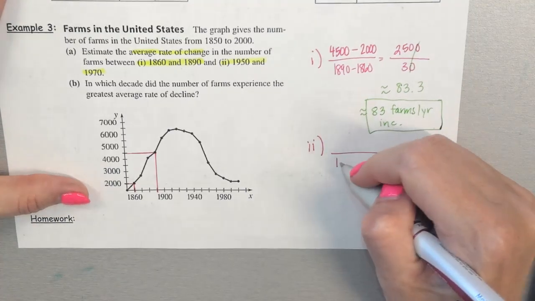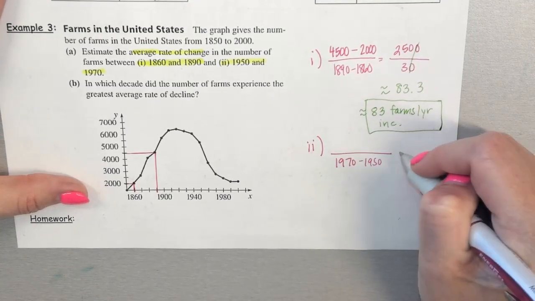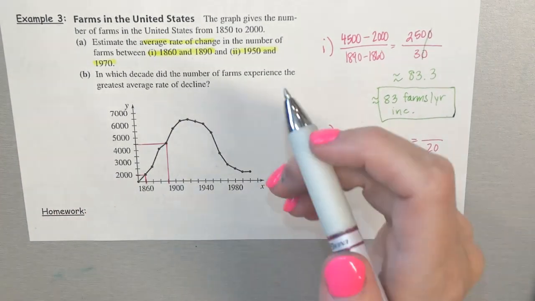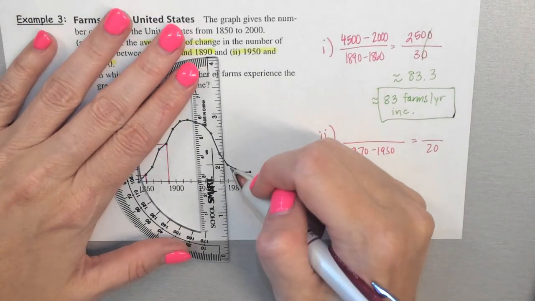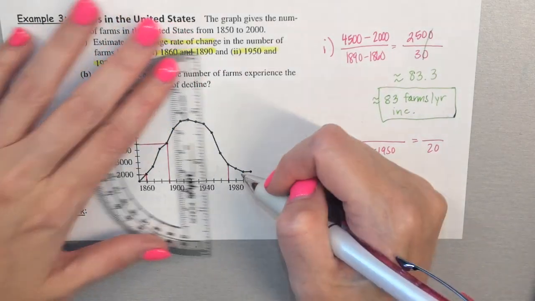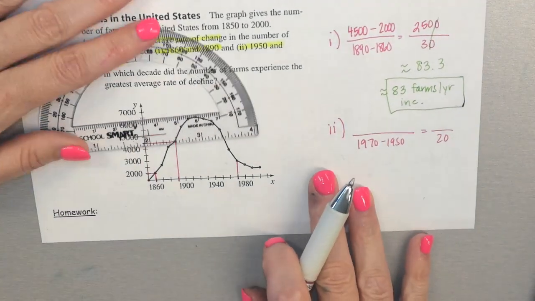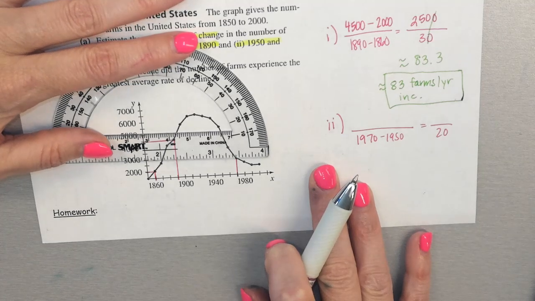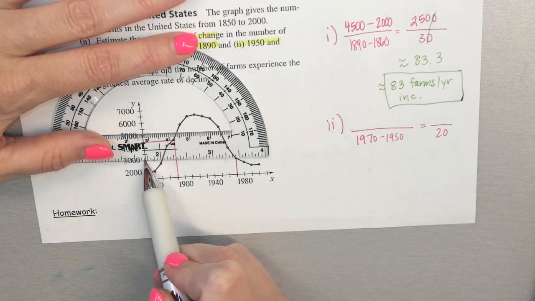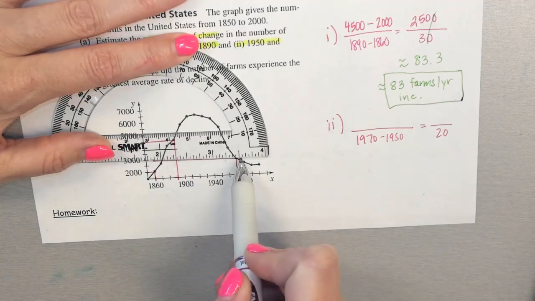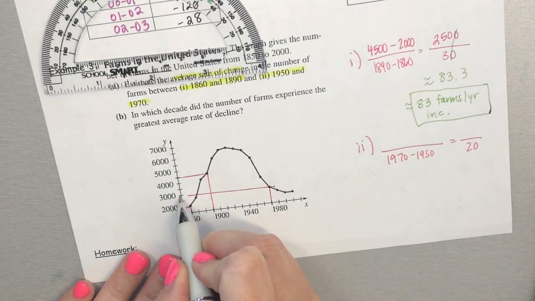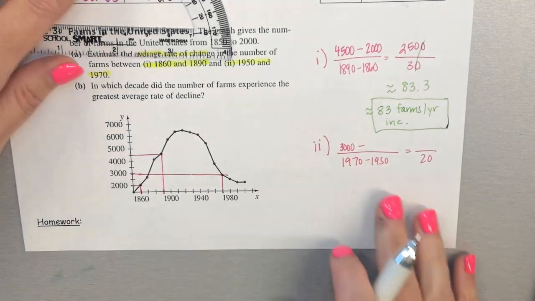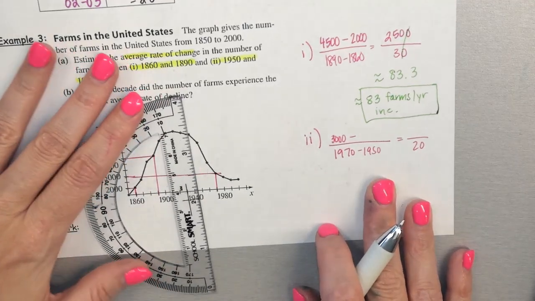For our second set, it's 1970 to 1950, so a 20-year span. Again, we are just going to find our point. That looks like it's right there at 3,000, and 1950.